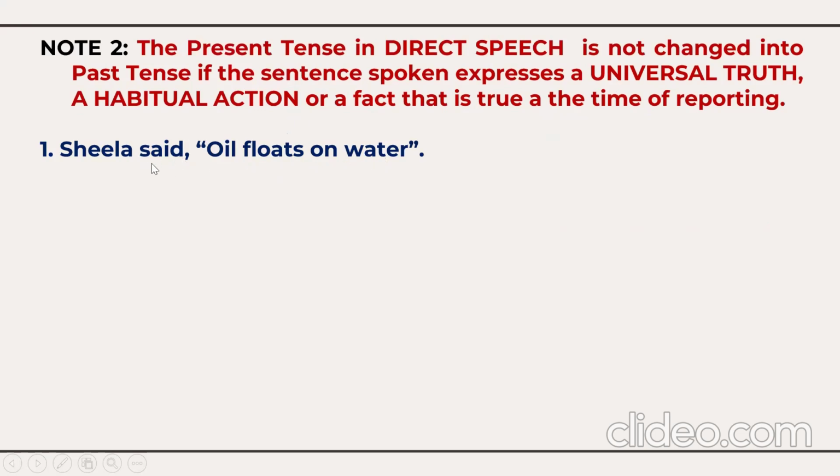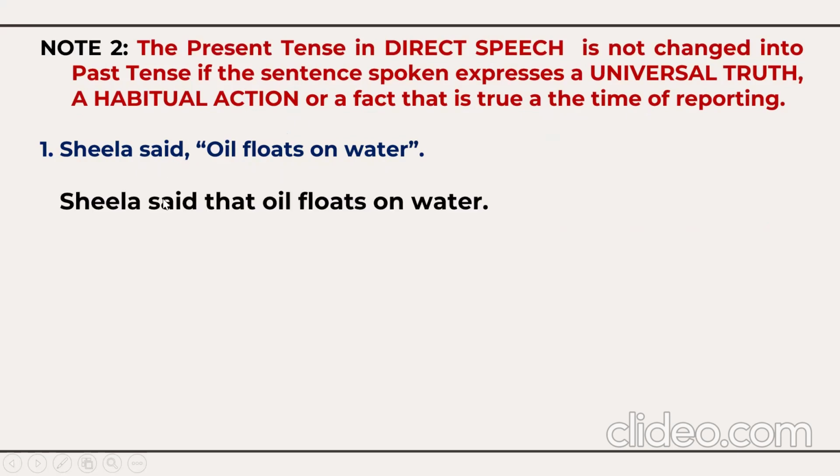No, though it is in the past tense. So what we'll say? Sheila said that oil floats on water, no change. This present tense will remain the same. Floats will remain same. Float will not become floated. Remember, the sun rises in the east or the sun sets in the west, something like this we cannot change, right?